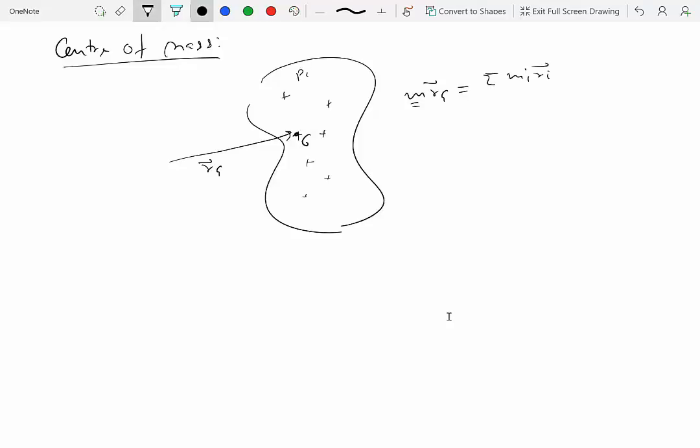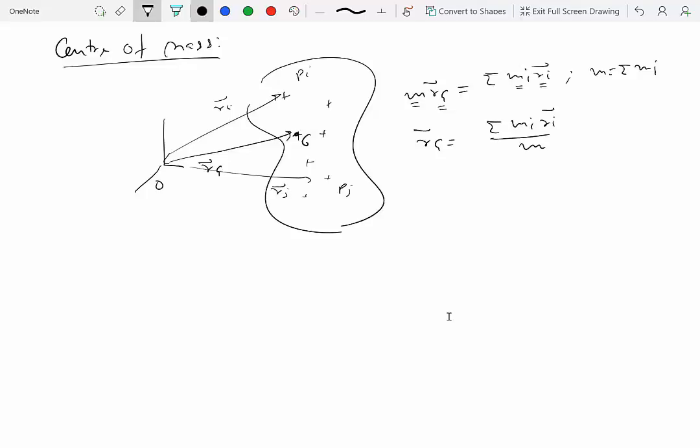So this is particle Pi, that's the position vector Ri. There is particle Pj, that's the position vector Rj. You multiply the mass of each particle with its position vector with respect to your origin of reference frame, and that would be equal to the total mass times the position vector of the center of mass. So the position vector is obtained by this equation, and this is something that you may have seen in your physics classes as well.